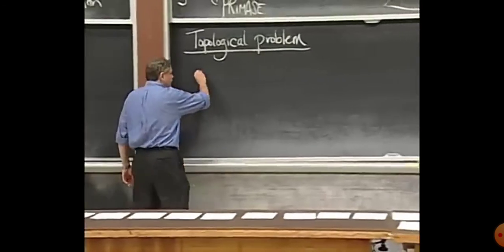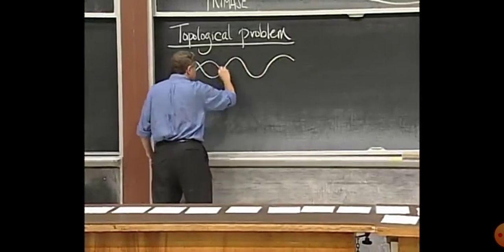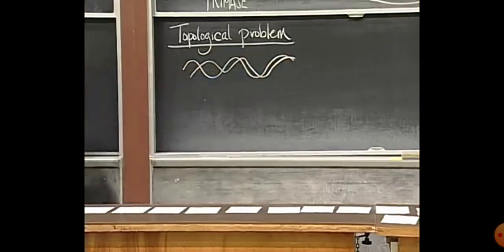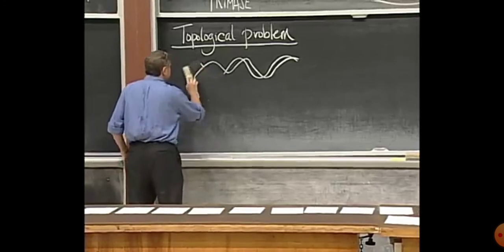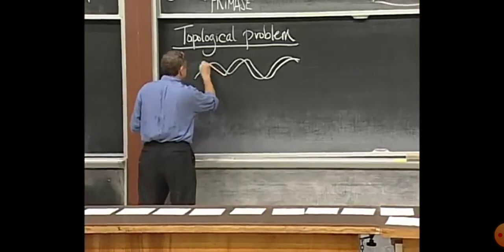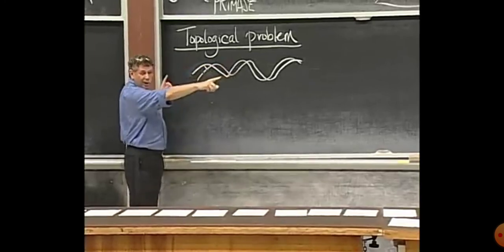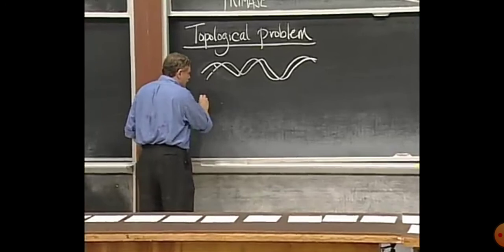Suppose I have DNA like that. So I have some DNA like that, and it maybe goes around for a very long distance, like a circle or something like that. I now want to copy that DNA.